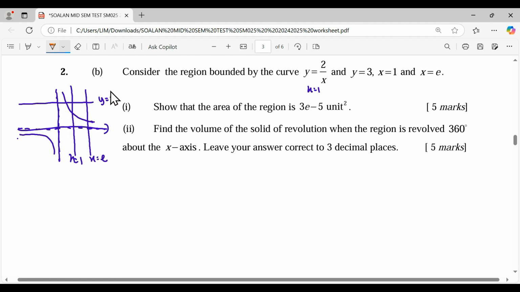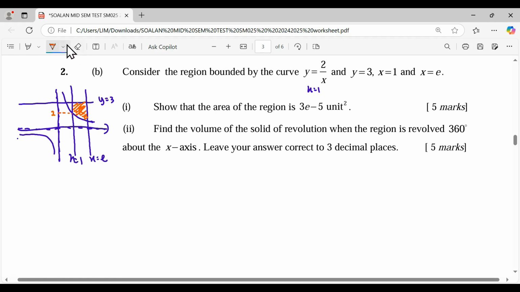So when I see x equals 1, y equals 2, I know that this is x equals 1. And then x equals e is 2 point something, so more to the right-hand side, which is the region bounded by this 1, 2, 3, 4.